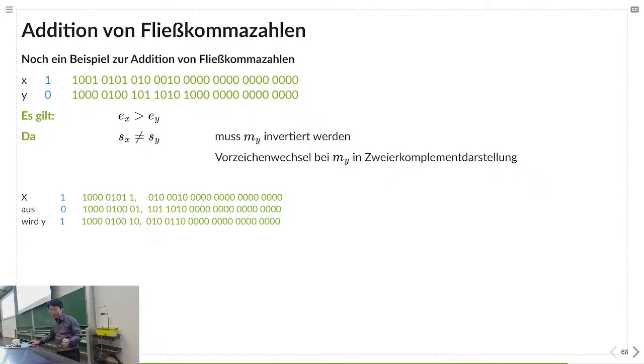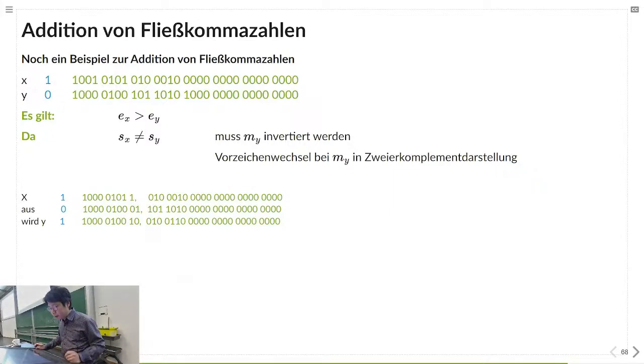Ja? So, dann, das ist von x. Die Mantisse ist 1, nur 1 und etwas. So, das ist unsere Mantisse von x. Okay?